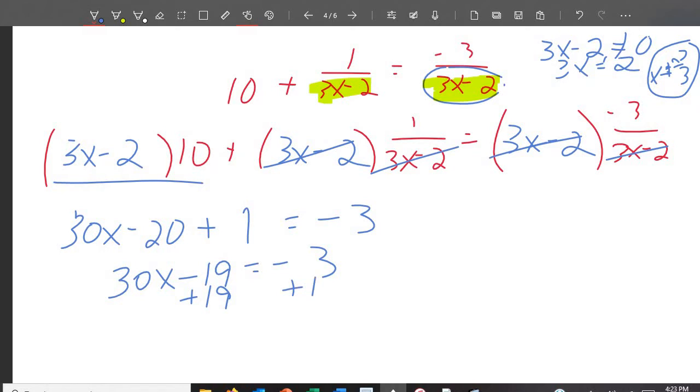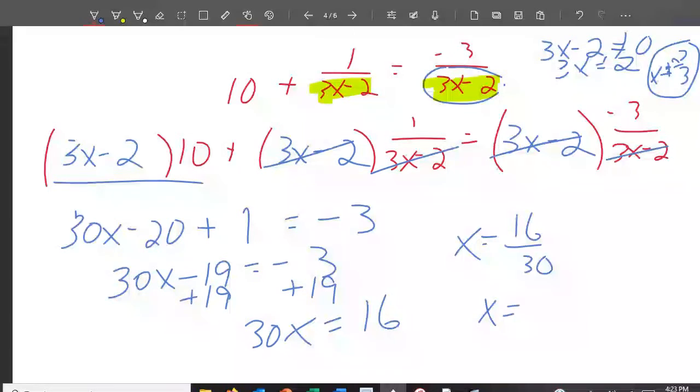Add 19 to both sides. 30x equals 16. Divide by 30, get this, and then we simplify it. We can divide both of those by 2, 8 over 15.